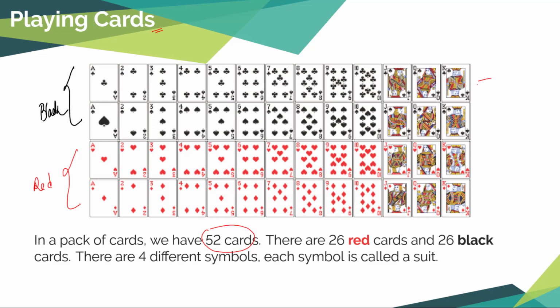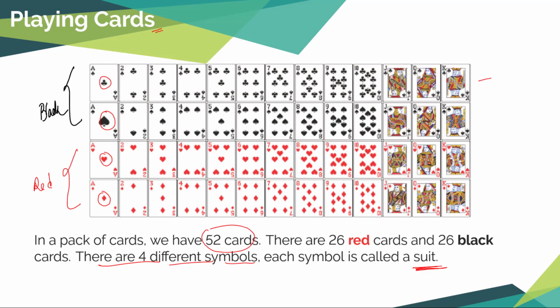Now there are different symbols, right? This symbol, this symbol, this symbol and this symbol. We have 4 different symbols, and each symbol is called a suit. There are some terms that you should be familiar with. One is that there are 2 colors, red and black. There are 4 different symbols, and each symbol is called a suit, right?